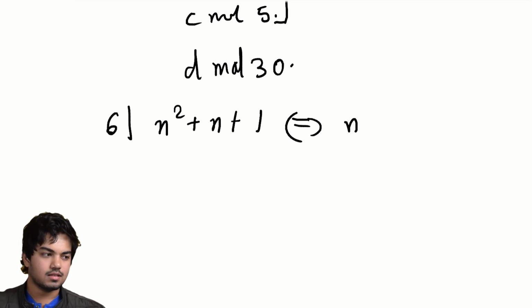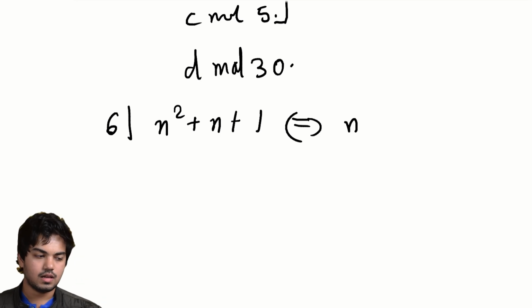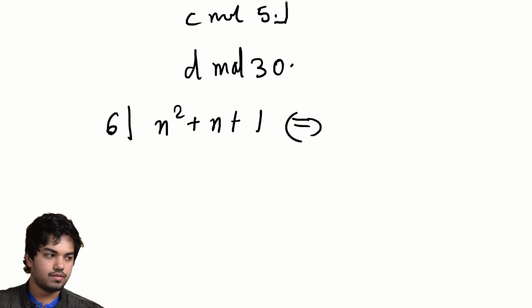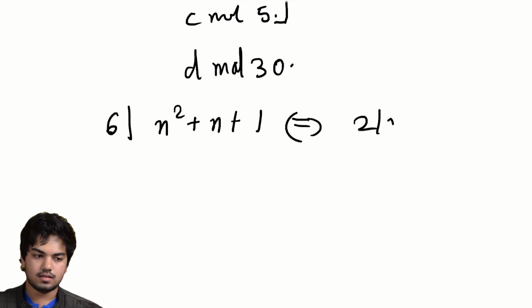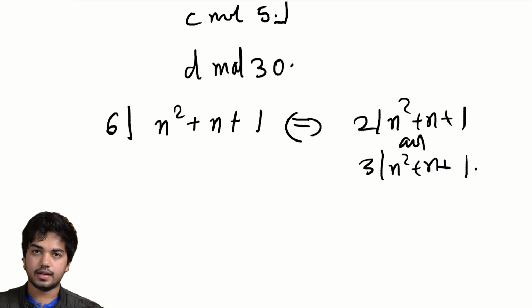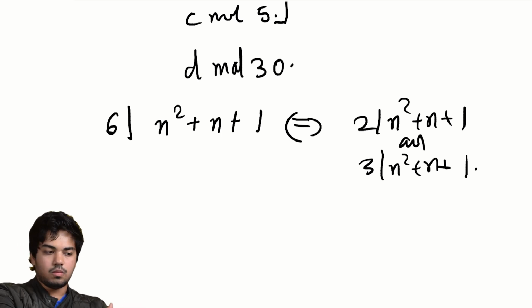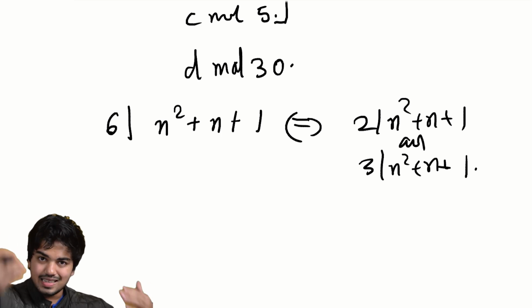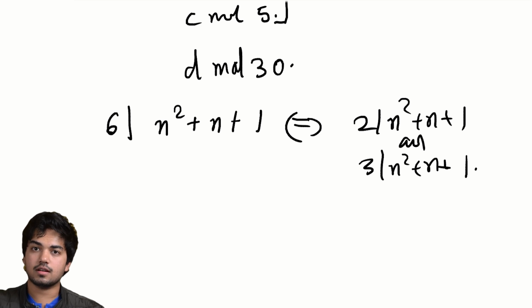This is a bit weaker than the Chinese remainder theorem, but the philosophy is the same. 6 divides this number if and only if 2 divides it and 3 divides it. The idea is that working modulo a product of coprime numbers is the same thing as working modulo the individual factors.